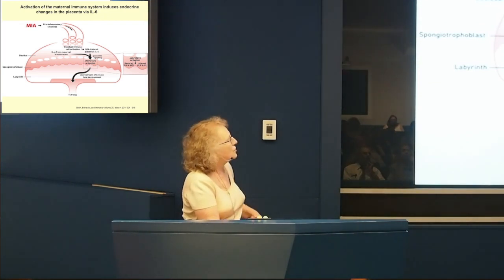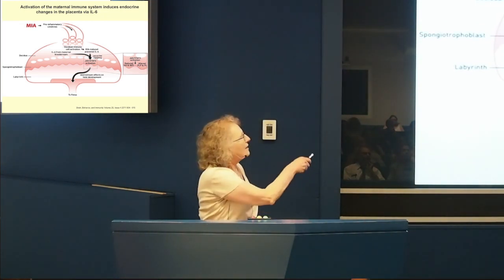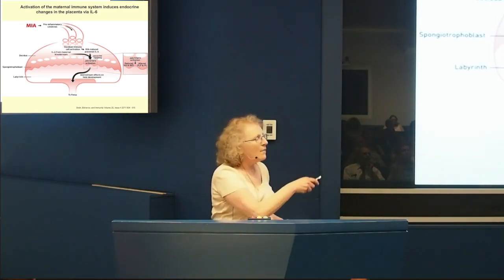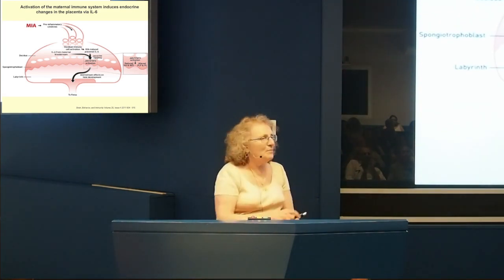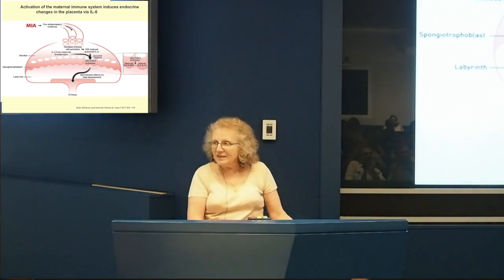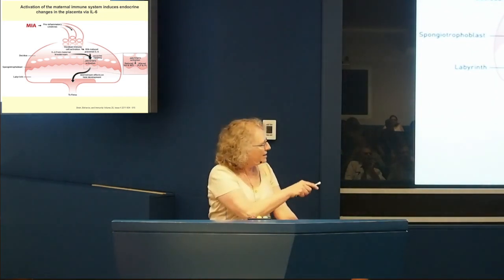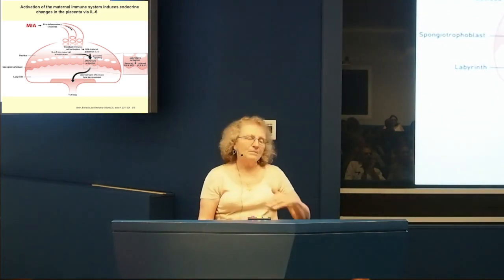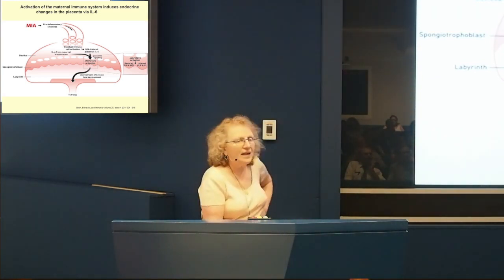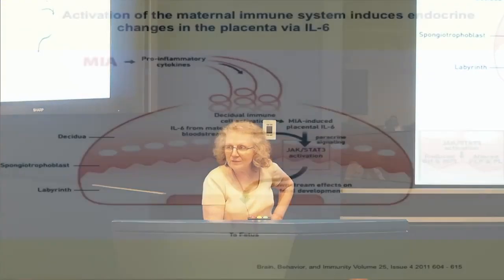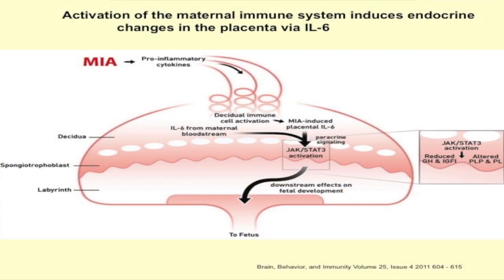This is just to show that the activated immune system from the mother can alter immune cells within the placenta, or some of the molecules can cross the placenta directly into the fetal circulation and lead to alterations in brain function.